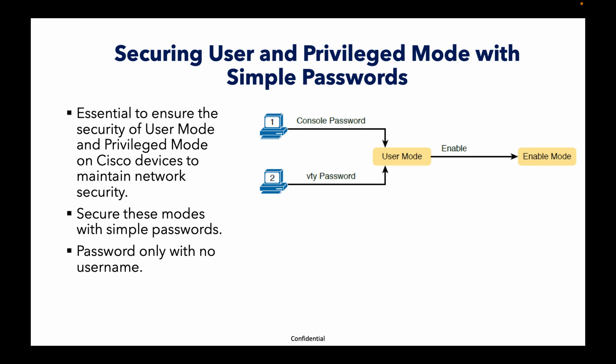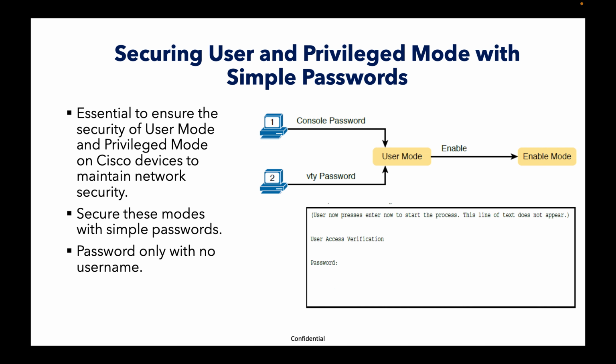So once you log in into the device, you are in user mode. And to access further, like privilege mode, you need to type in enable. Cisco switches protect enable mode, also called privilege mode, with yet another shared password called the enable password.